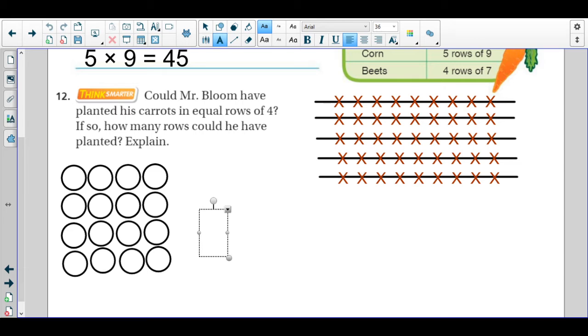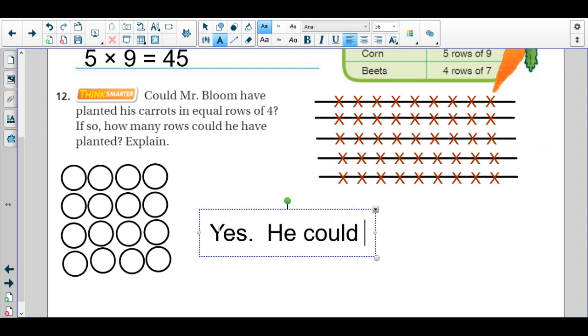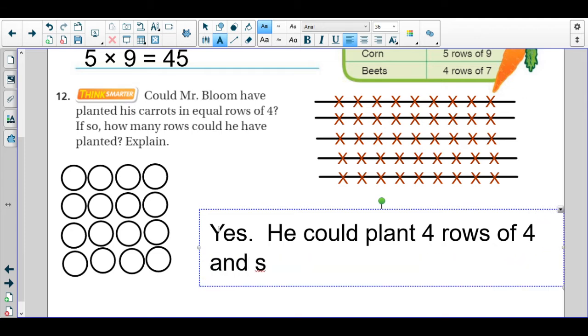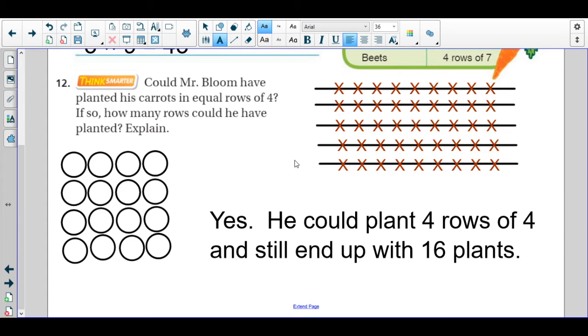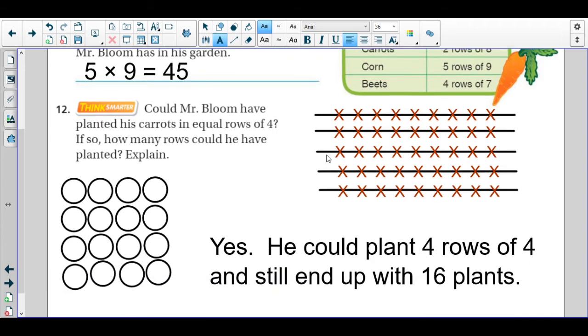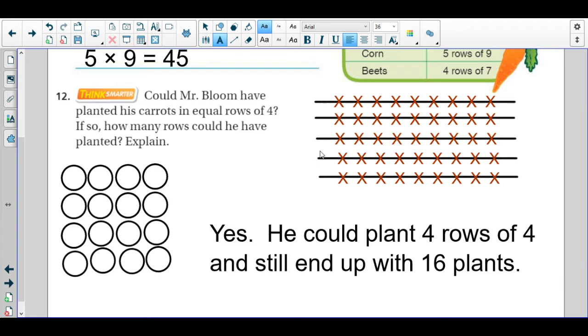Yes. He could plant 4 rows of 4 and still end up with 16 plants. And again, this is where knowing your multiplication facts really helps come in. Okay? So the 2 rows of 8 is the same thing as 4 rows of 4. That's going to give you 16.